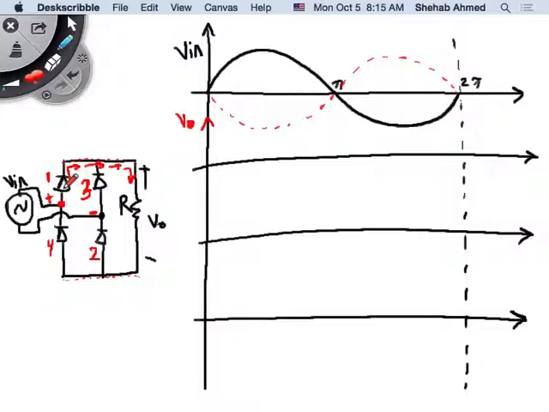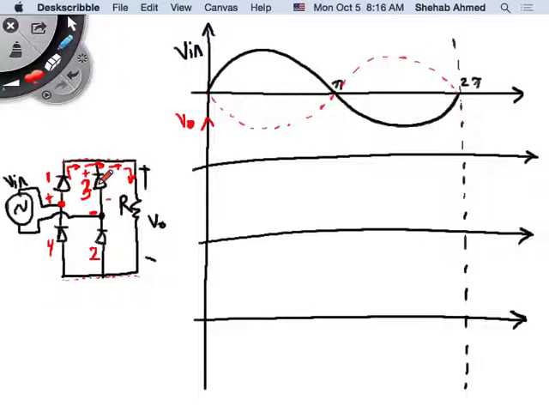And if diode 1 is conducting, can diode 3 conduct? It cannot conduct because if diode 1 is conducting, it's connecting the most positive potential in the circuit to this node. If it connects the most positive potential to this node, diode 3 is definitely reverse biased. As soon as diode 1 turns on, diode 3 is reverse biased because I'm placing a high positive voltage at this node versus this node.